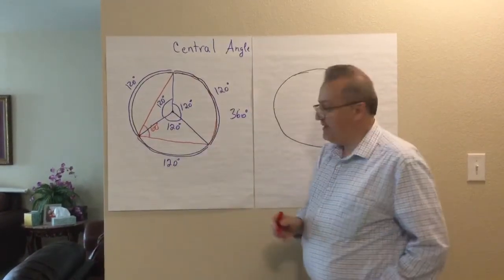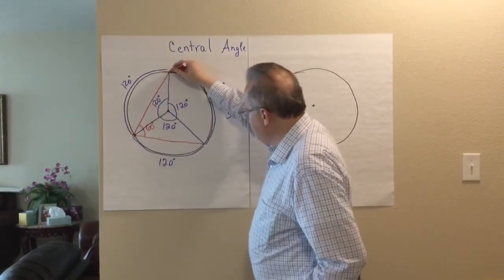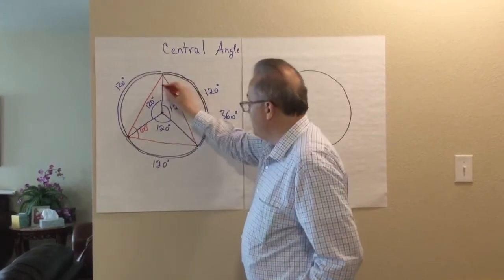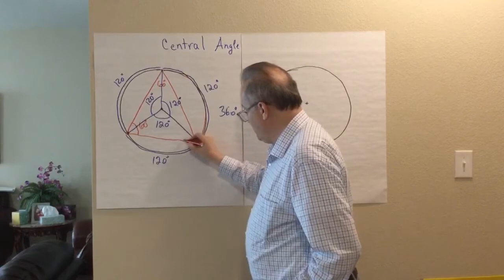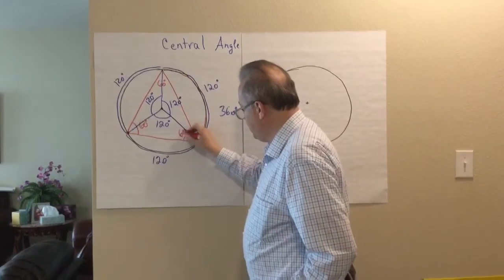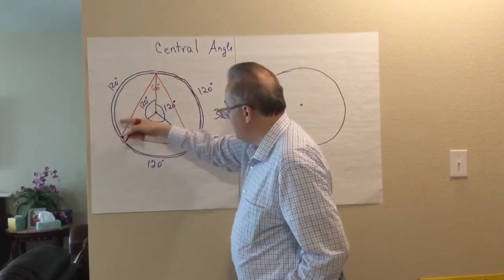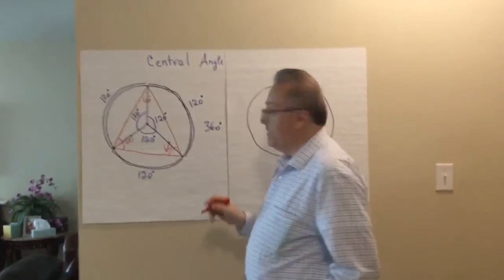If I repeat this and I say, hey, I have this other angle that intercepts this arc of 120, here is 60 degrees, and then I'm left with the last one, has 60 degrees, and it intercepts this arc, half of 120 would be 60. So what do I know?